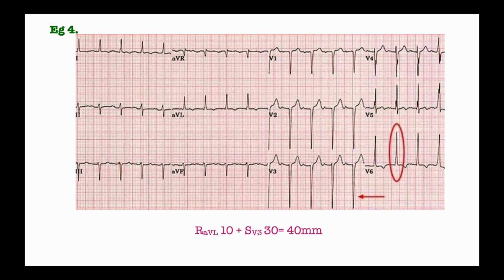So actually we are getting 40. The R wave in aVL is giving us 10, and the S wave in V3 is giving us 30, and so we get 40 millimeters, which is an indication that there is left ventricular hypertrophy. So these are some examples of the basic ways by which we diagnose left ventricular hypertrophy.